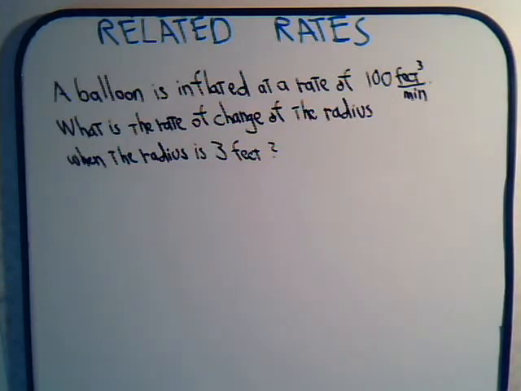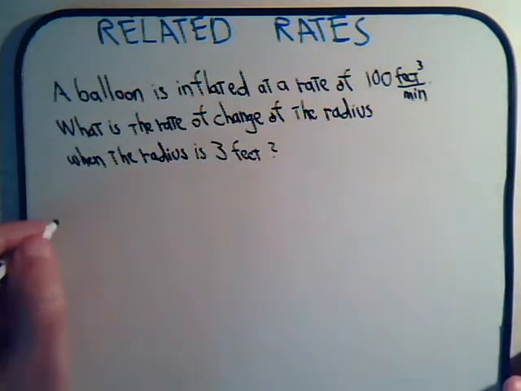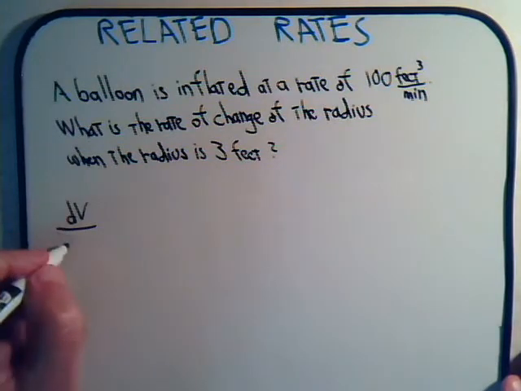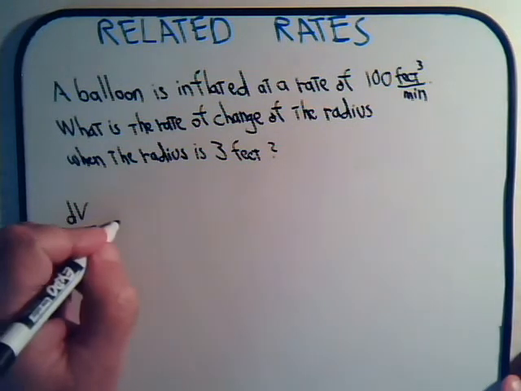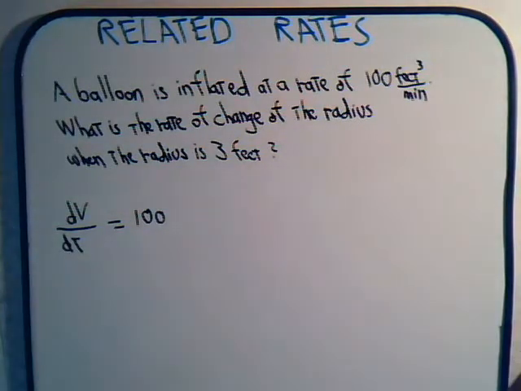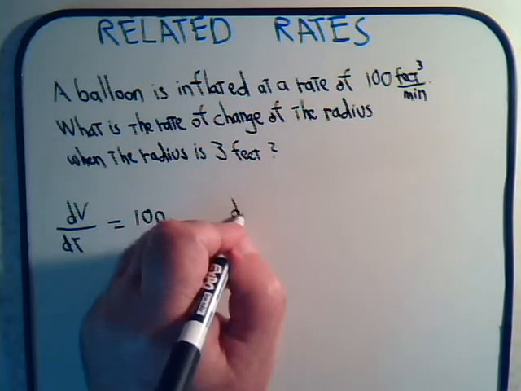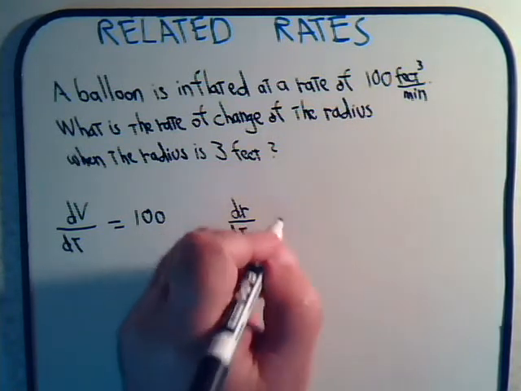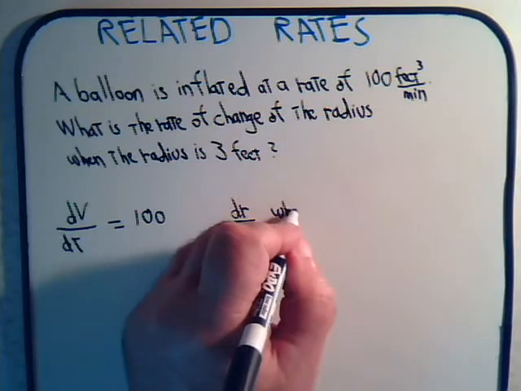So if V is the volume, we are told what dV/dt is. That's 100. And I'm not going to write down the units, I'm too lazy. And we have to solve for dr/dt when r equals 3.